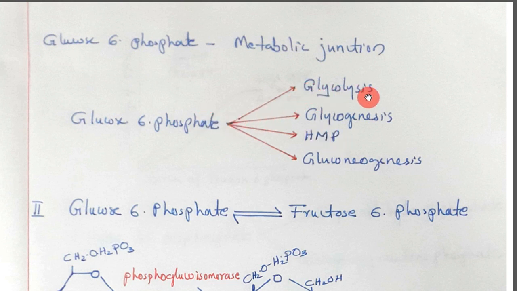It may enter into glycolysis and complete the glycolysis, or it may enter glycogenesis or the synthesis of glycogen, or it may enter the HMP pathway, or it may enter gluconeogenesis. So there are so many fates for glucose 6-phosphate, thereby it is called metabolic junction.